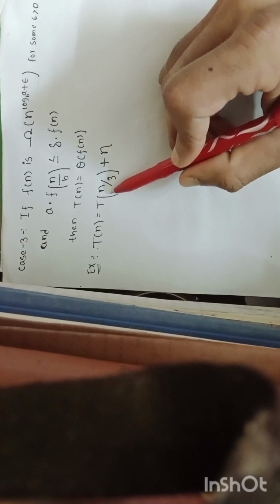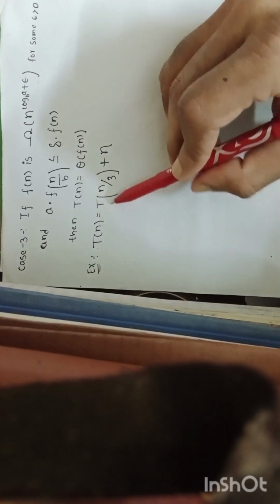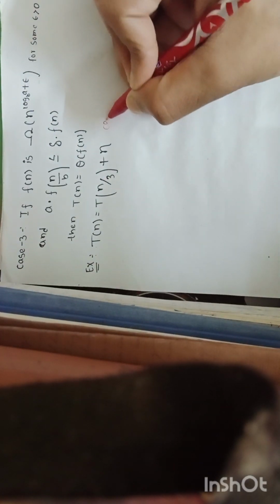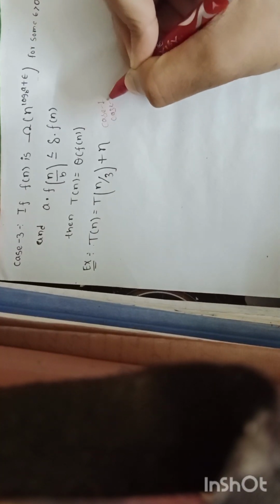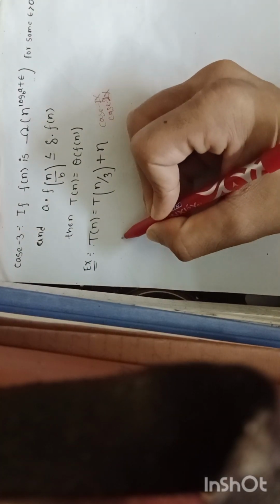Now here you can check the function. The function does not satisfy case 1 or case 2. By applying case 1 and case 2, it does not satisfy both. So you have to use case 3. So let us check what case 3 is.